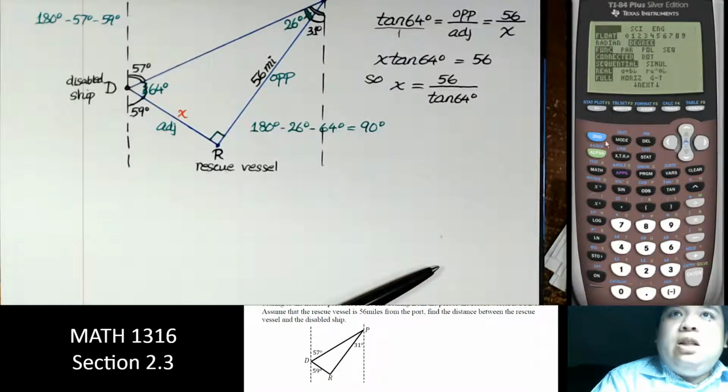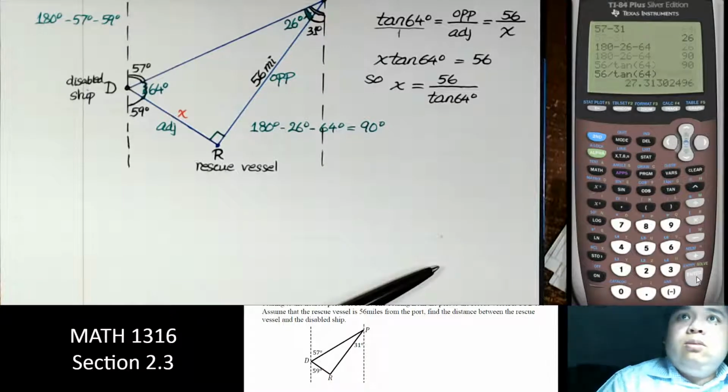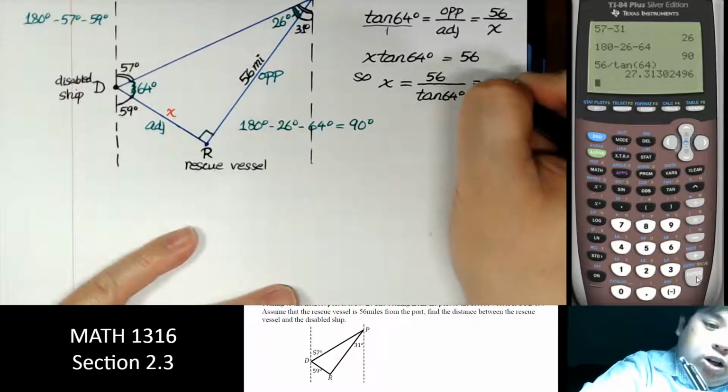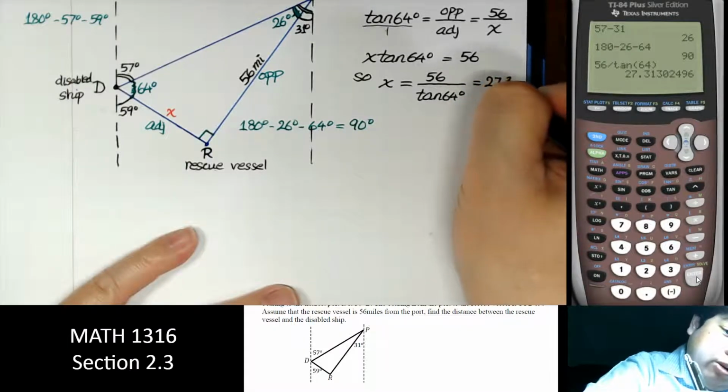Alright, it's in degree mode, which is good. 56 divided by tangent of 64 degrees, so we have 27.3, and the unit is miles.